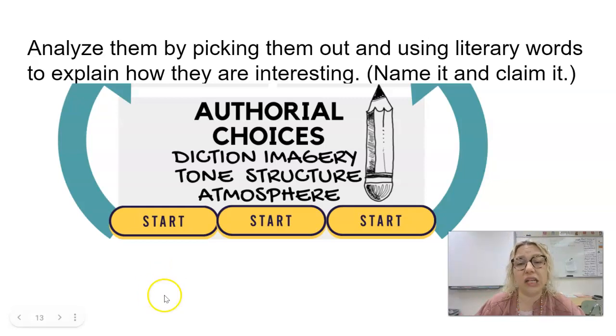So call it what it is. This is audio imagery or sensory detail that evokes the sense of sound. That's maybe not what's interesting about it. That's its name, right? You're naming it. And then you move on to say the sound creates a haunting feeling that's interesting as it echoes in this stanza and that stanza, whatever it might be.